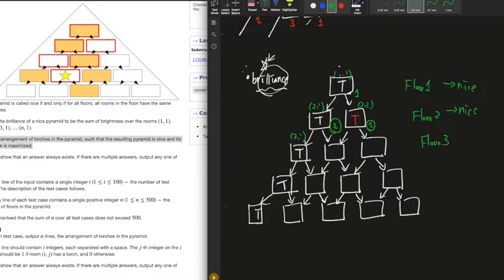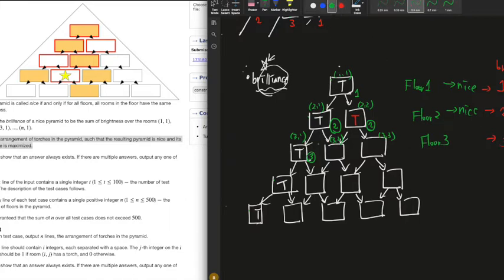3,1, 3,2, 3,3. Room 3,1 has brightness 3. So floor 3, room 1 has to have brightness 1, 2, 3, right?